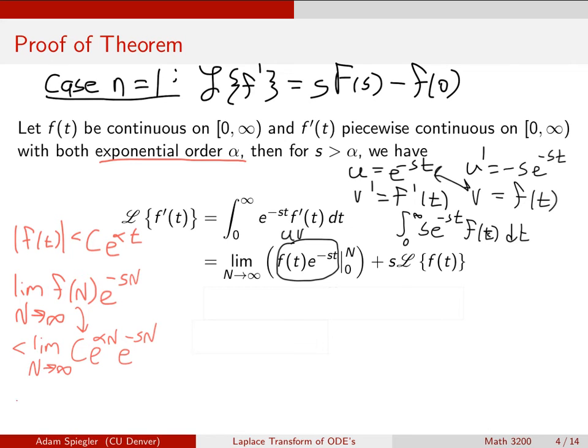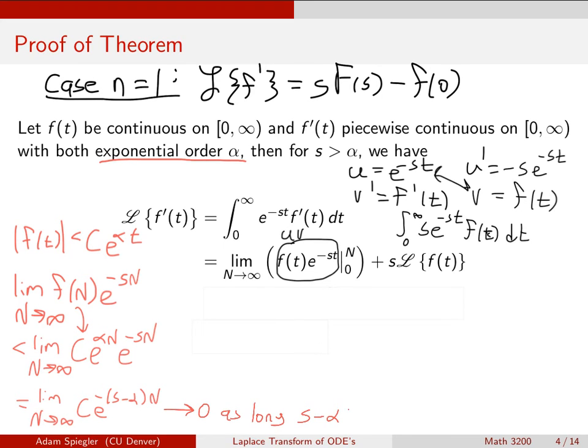And now we can just regroup our exponential terms inside this limit, and we see that the limit as n goes to infinity of c times e to the minus s minus alpha times n. And this limit as n goes to infinity actually does approach 0. This will head to 0, provided that we're taking e to a large negative powered number.